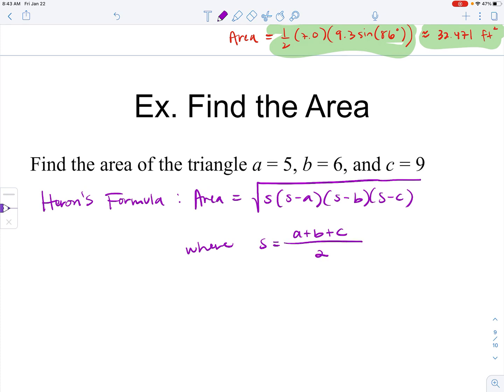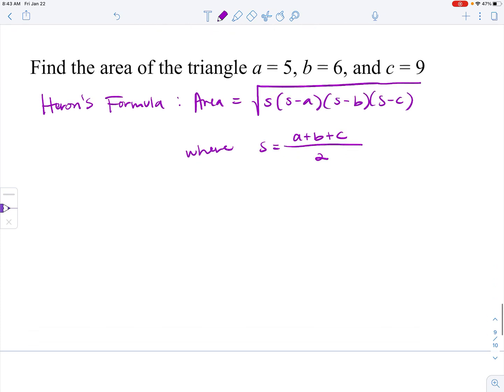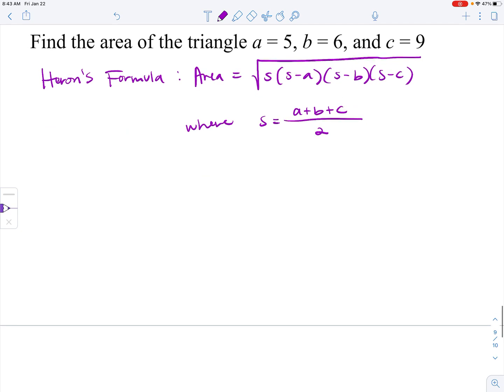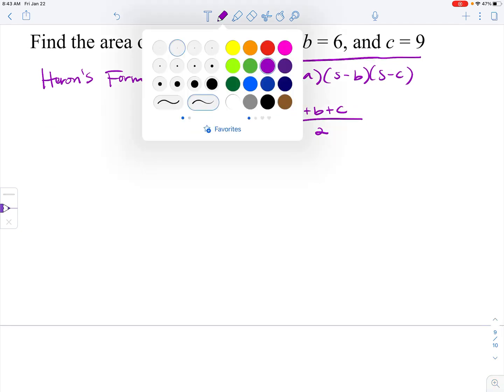Well, S is the sum of all 3 sides divided by 2.